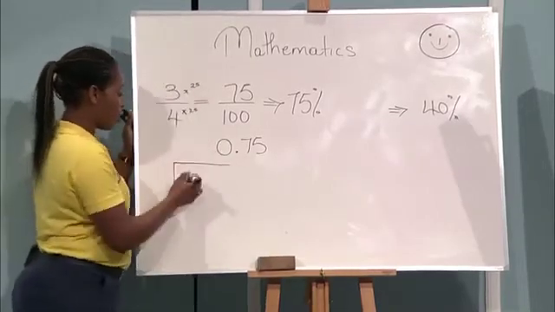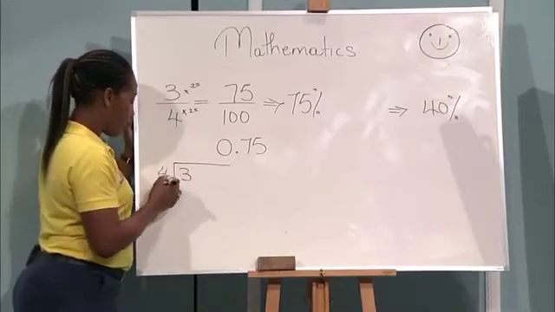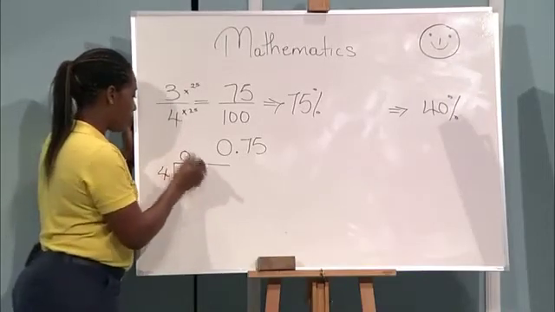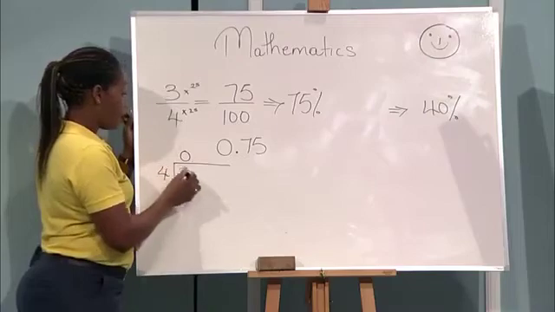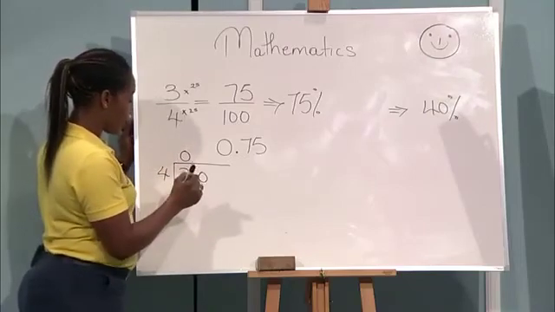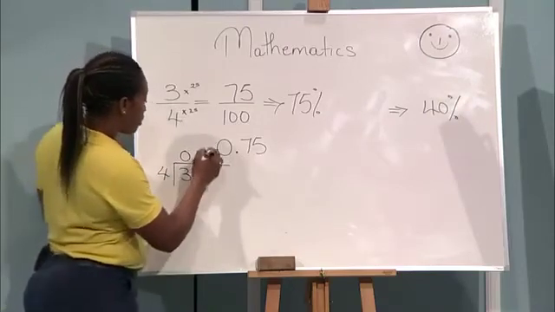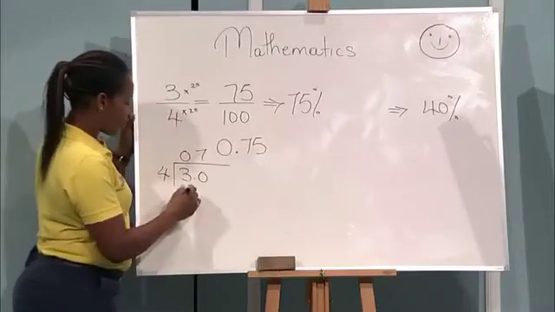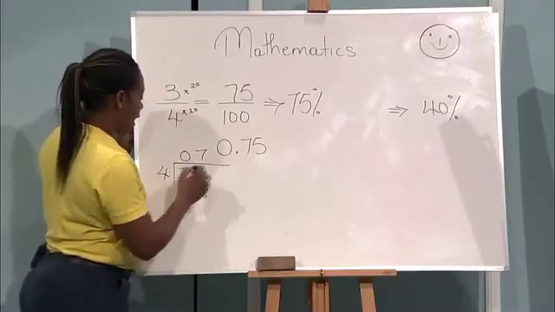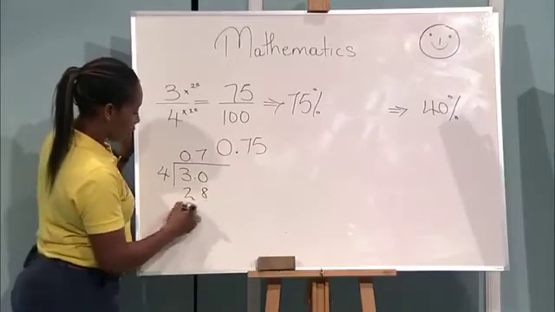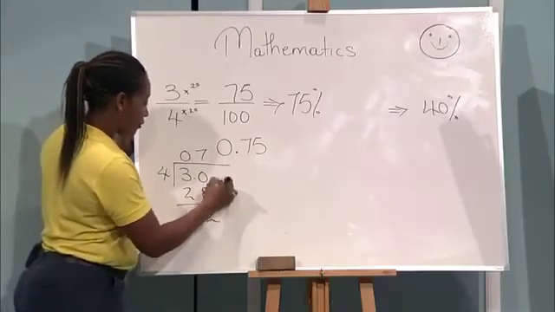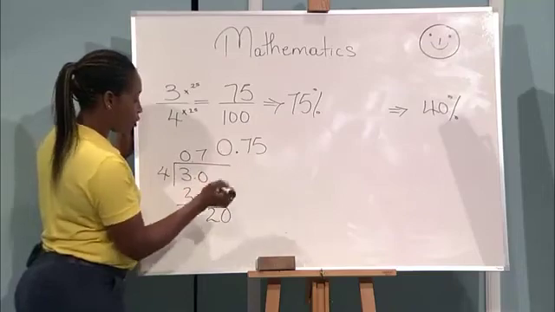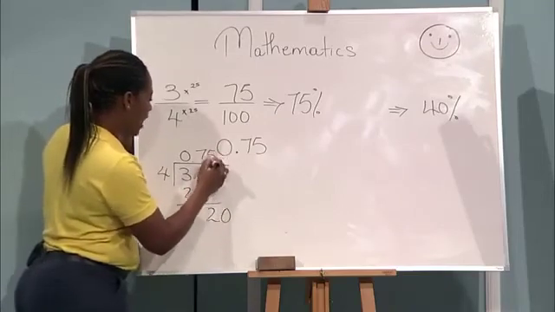4 divided into 3. So 4 divided into 3, 0. 4 into 30 goes 7 times. And that would give us 28. And then 4 into 20 goes 5.